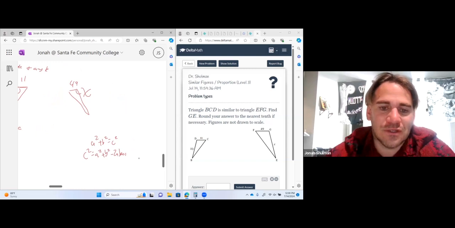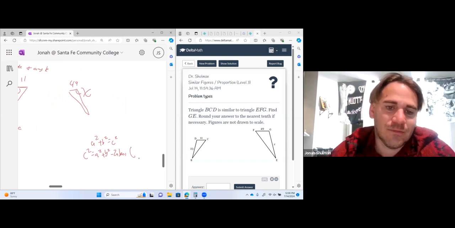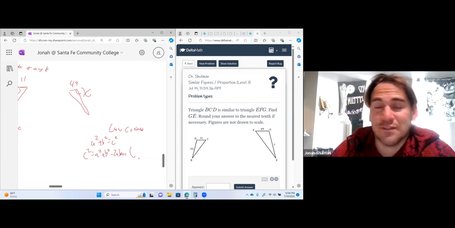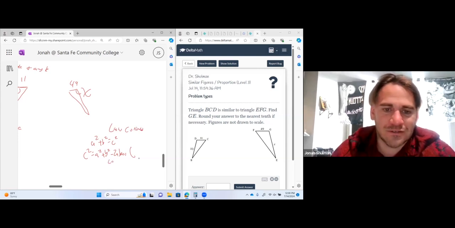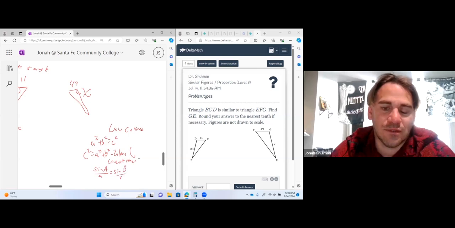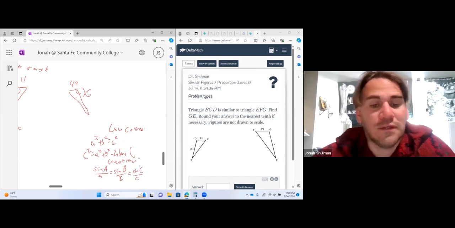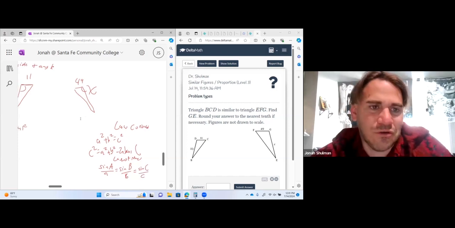This is the law of cosines, just so you know what it is. And you use them because not every triangle's right, and sometimes you got to find stuff. And the law of sines is this guy. Sine of angle A over side A equals sine of angle B over side B equals sine of angle C over side C. So those are your laws, just so you know.